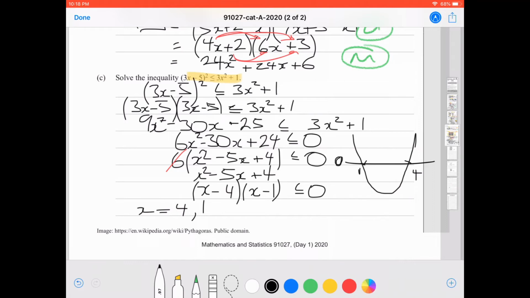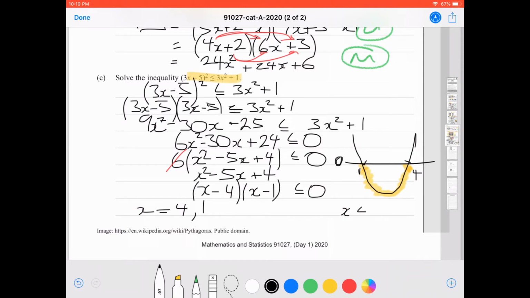And so if we're looking for less than or equal to 0, it's this region here. The values for x where the function is below 0. And so our answer will be given as a range of values for x.